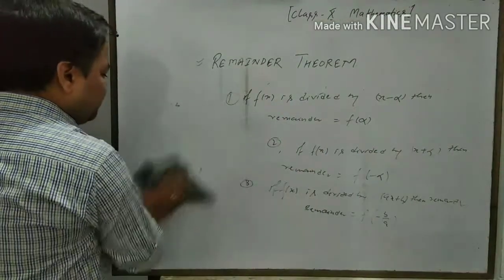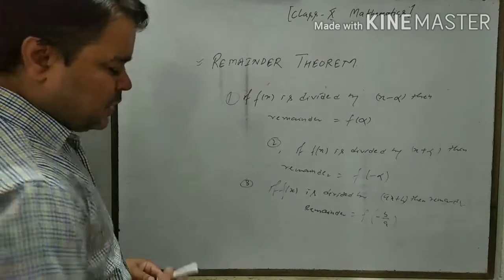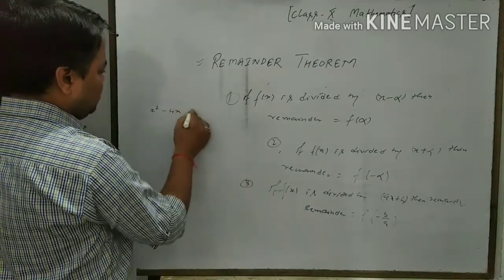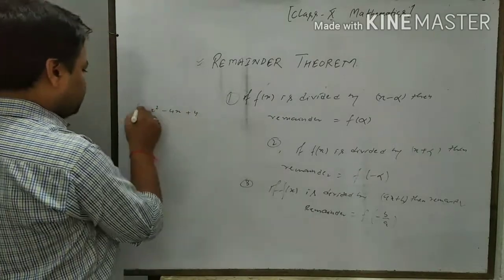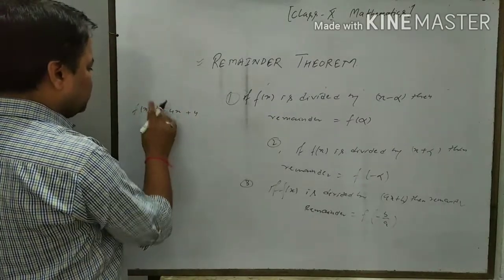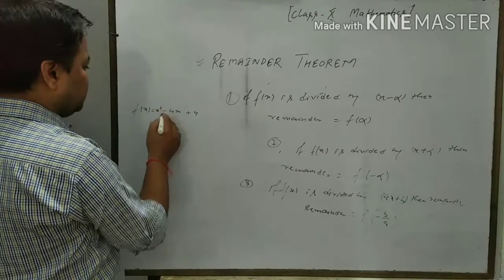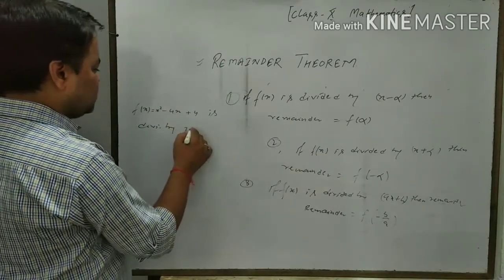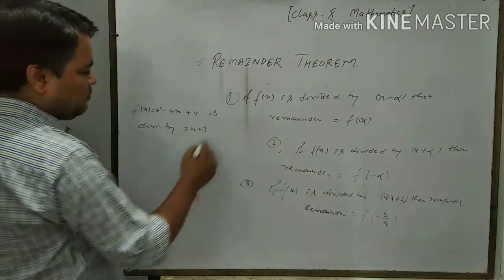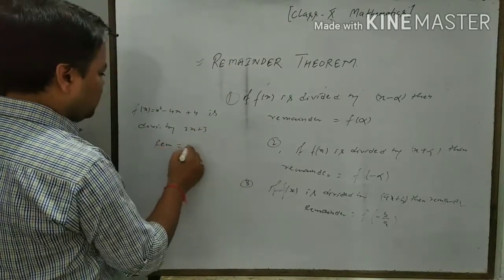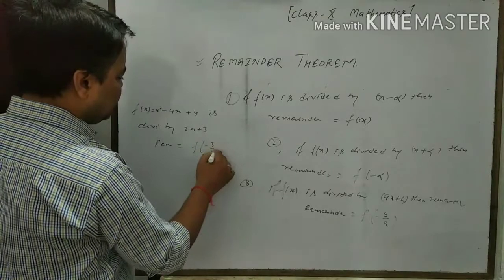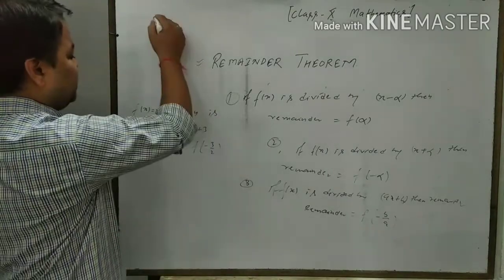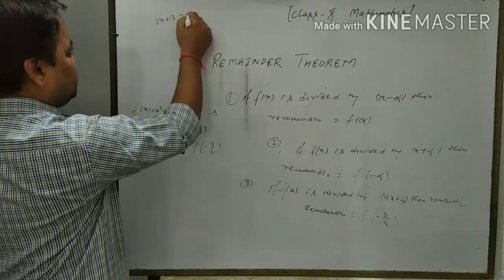Example of this: x square minus 4x plus 4, f(x) is equal to this, is divided by 2x plus 3. Then the remainder is f of minus 3 by 2. A very simple way to find this value: you just put 2x plus 3 is equal to 0.